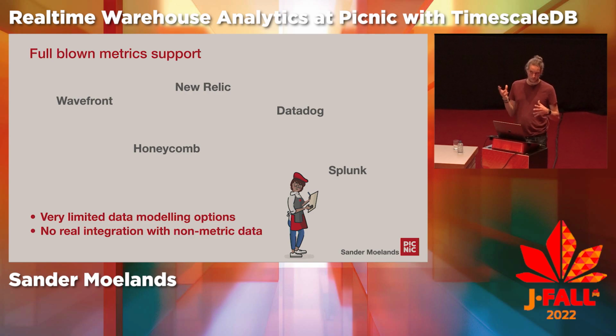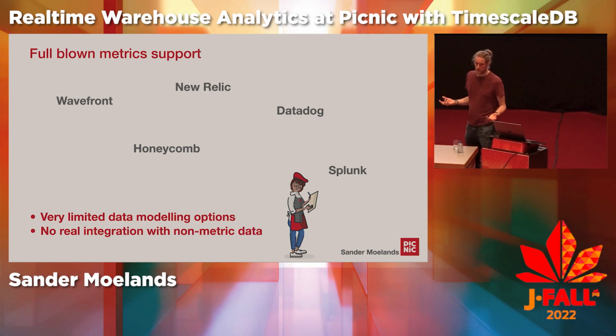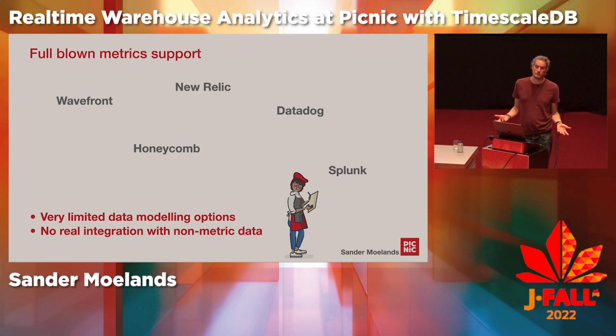But when it comes to integrating with Picnic data, being able to model the data you are storing and want to keep track of, it didn't really suffice for our use case. We basically want to get more insights in our data than these solutions would be able to give us.